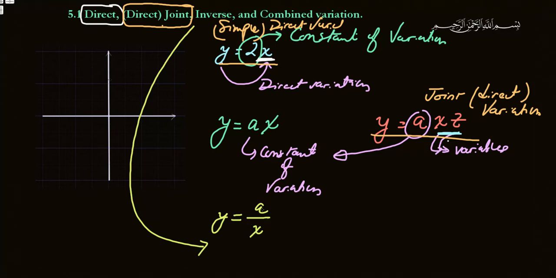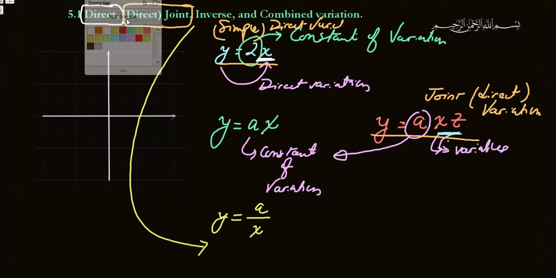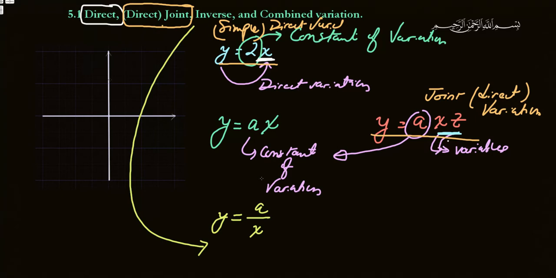For example, a again is the constant of variation, and x is the variable. So if y is inversely related to x, you would write it like this. If y was inversely related to z, you would write it like this. No, you wouldn't write it like that, that would be wrong. If y is inversely related to z, you would write it like this.